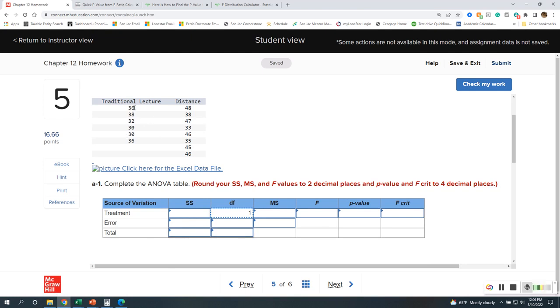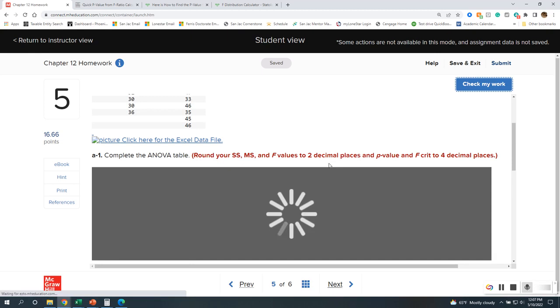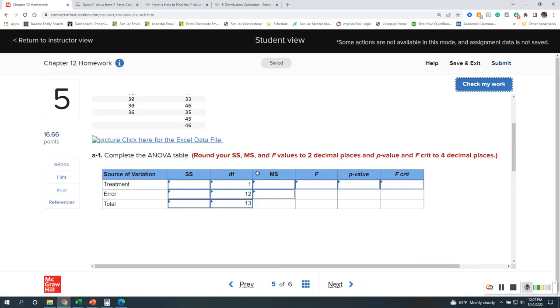So then we have 1, 2, 3, 4, 5, 6, 7, 8, 9, 10, 11, 12, 13, 14. 14 minus 2 is 12. So we're at 13. Notice that the total is always basically n minus 1. There you go. I just knocked out degrees of freedom because that was a little bit easier.